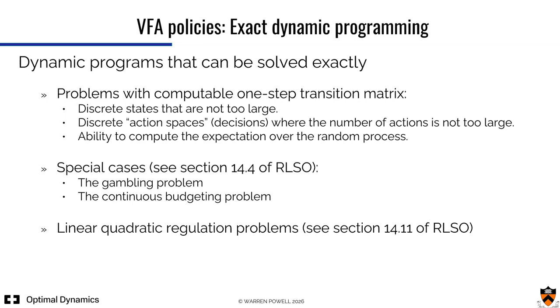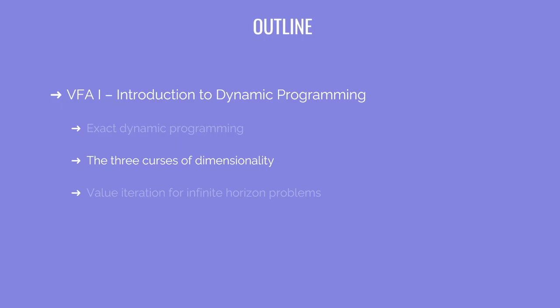And the decision variables have to be unconstrained. I can't have any sets of constraints. If you have that problem, with a lot of algebra, and it's a tremendous amount of algebra, you can boil the optimal policy down to a function that's linear in the state variable. So this was considered a major breakthrough. It actually has real-world applications. And so this is one of those very special cases of problems.